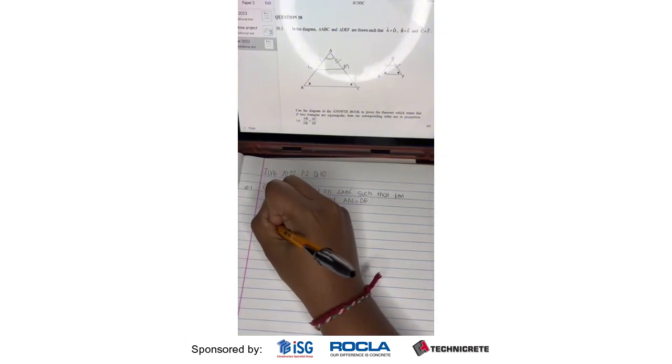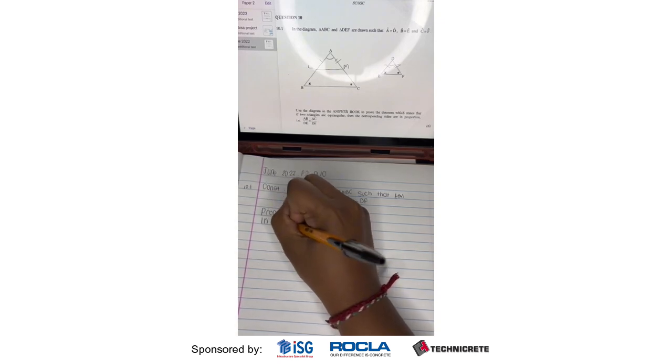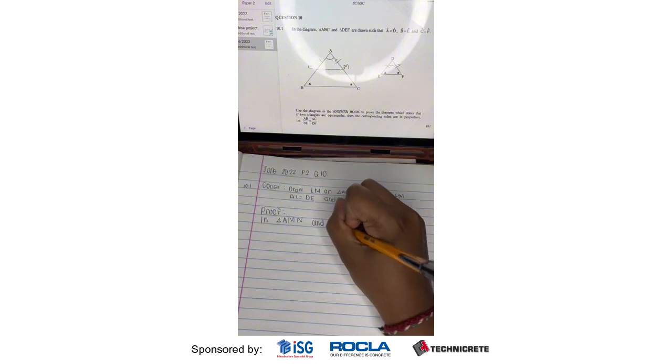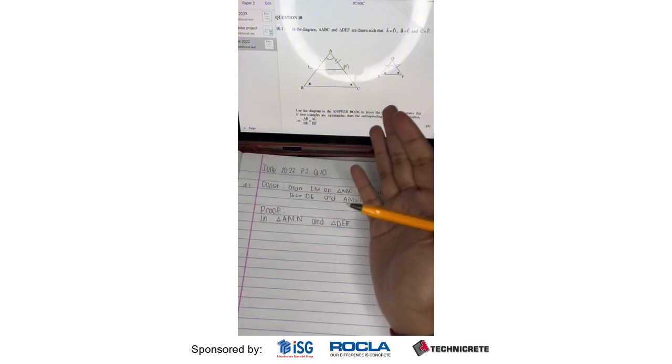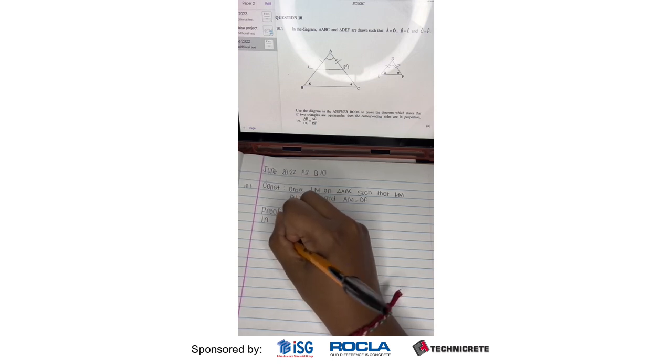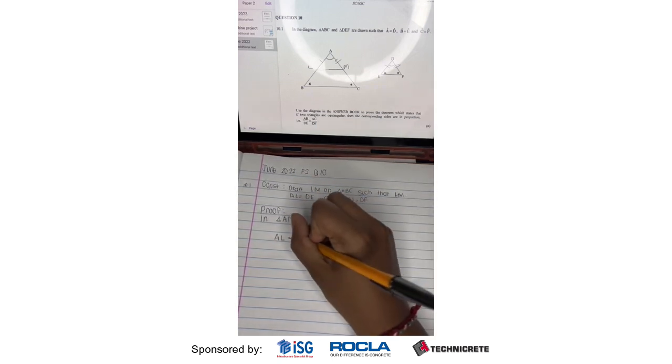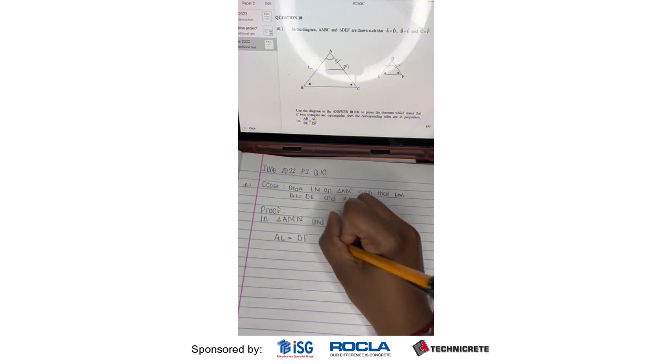Now let's start our proof. So in triangle ALM and triangle DEF, the first thing is what we just constructed. So AL is equal to DE, my construction.